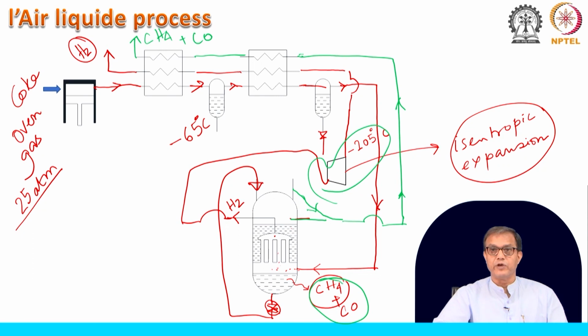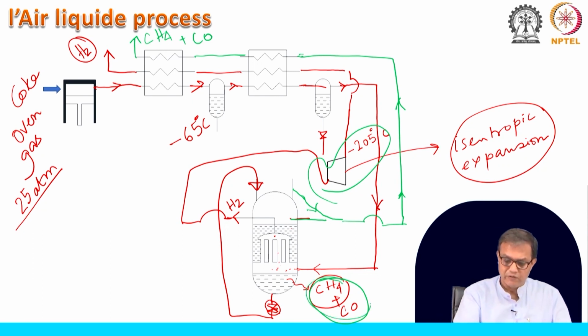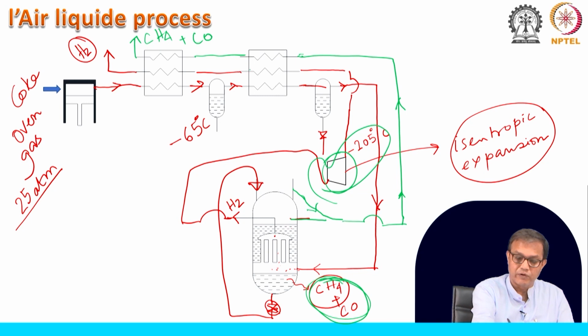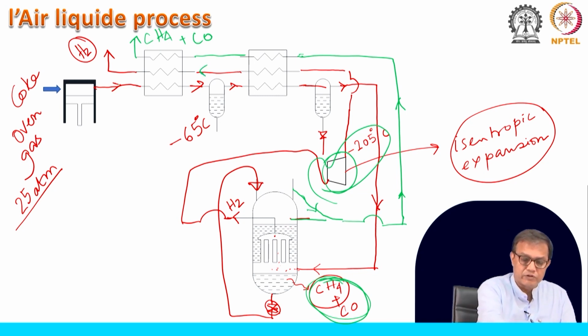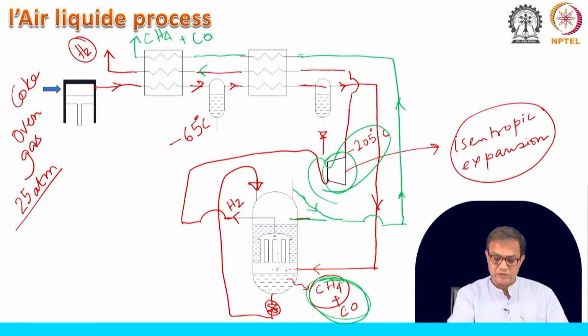Initially, when the process is getting started, you do not have any liquid over here, but some portion of the gas at this high pressure will be collected over here, and then it will be expanded, and then it will provide some amount of cooling, which will be cooling the high pressure incoming gas, and then in the steady state process you will find that it is providing you the methane plus CO mixture.